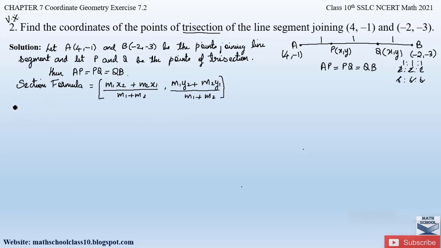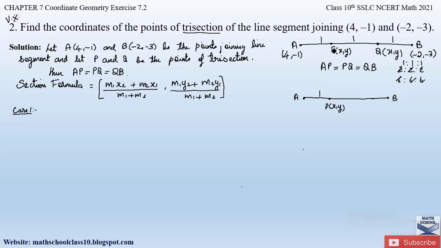Now let us consider case 1. In case 1, let us consider the first point, that is point P, and the line segment AB. So this is a line segment AB, and let P be a point here. Now the distance from point A to point P is how much?